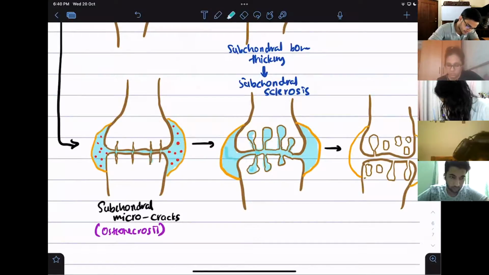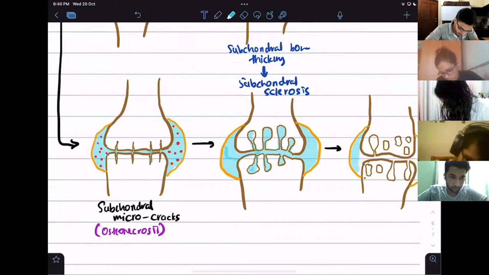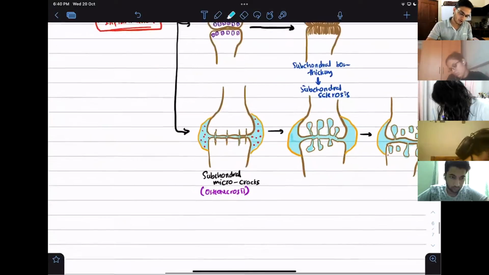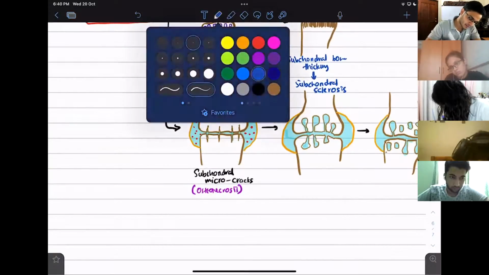What is inside these cysts? Our synovial fluid, not just the synovial fluid, there can be any inflammatory substances, any cytokines, these things also can be stuck here. So what do we call these, guys? We call these subchondral cysts.